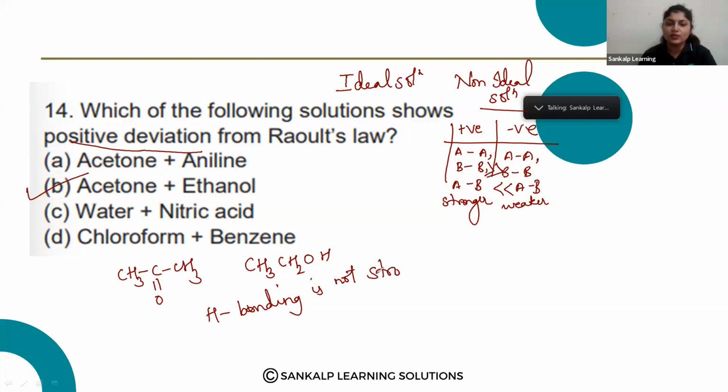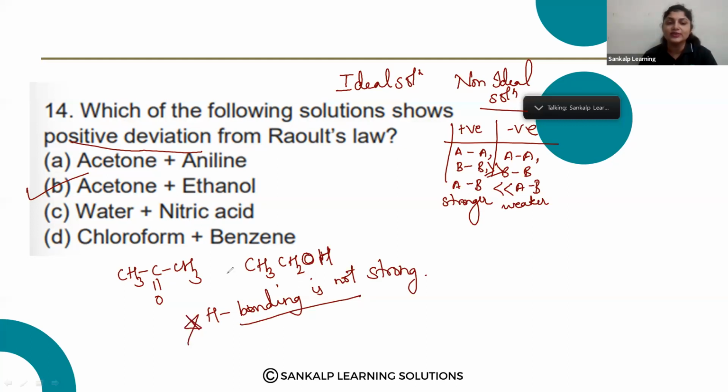So in this case, what is happening? The acetone-acetone interaction is stronger, and the ethanol-ethanol interaction is stronger as compared to the acetone-ethanol interaction, because for acetone and ethanol to interact, the hydrogen bonding should be stronger, but it is not so.